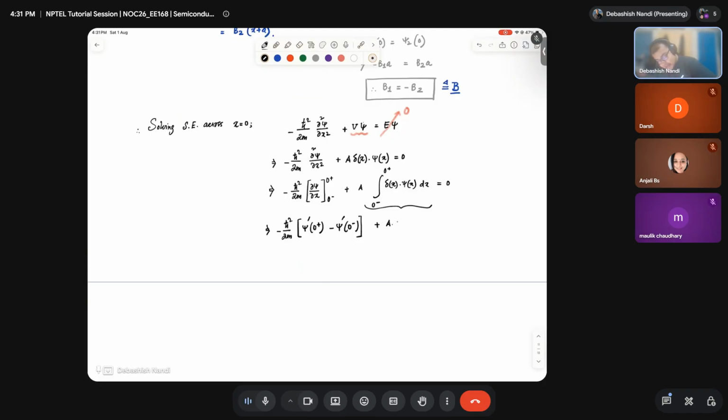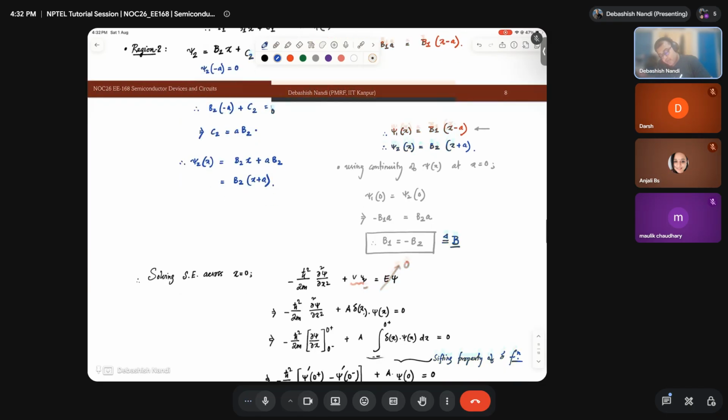Can I write this as a psi of 0? Can I write that from the knowledge of your signals and systems? This thing is also called the shifting property, right?